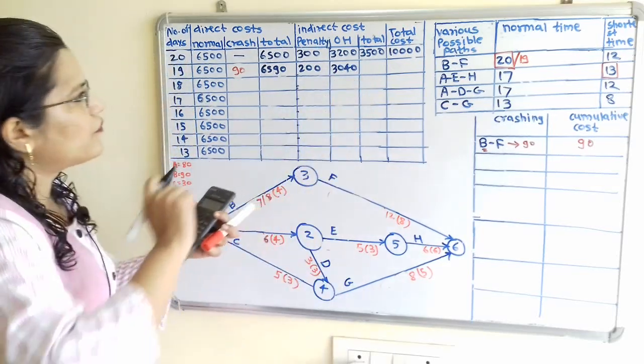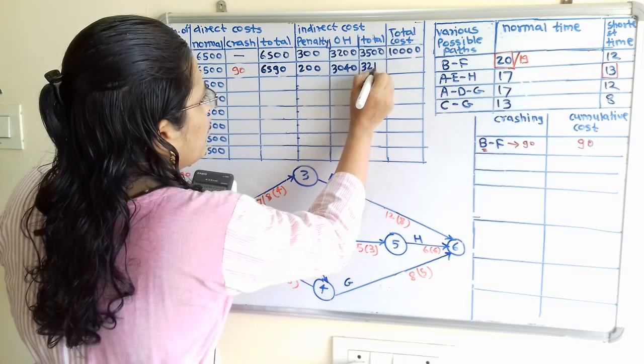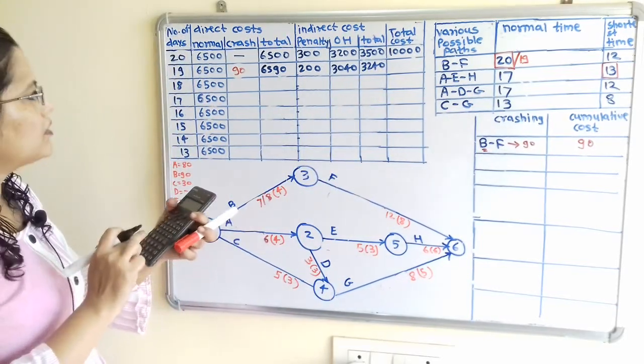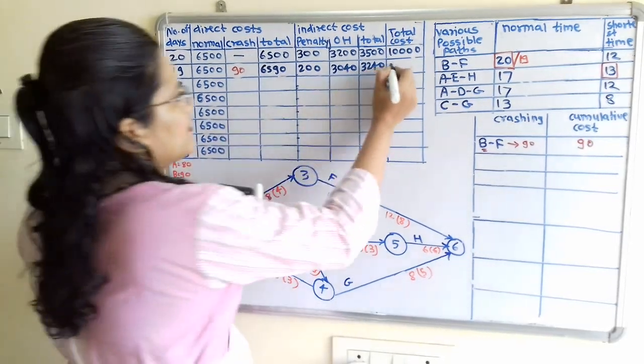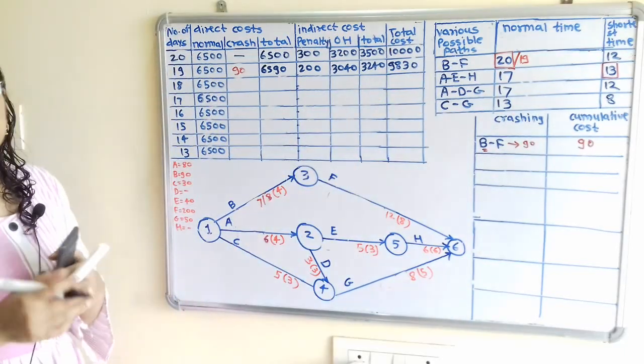So 3040 plus 200, that is 3240. So we will add 3240 plus 6590. So 9830.